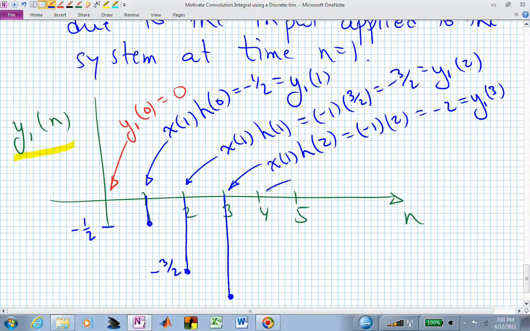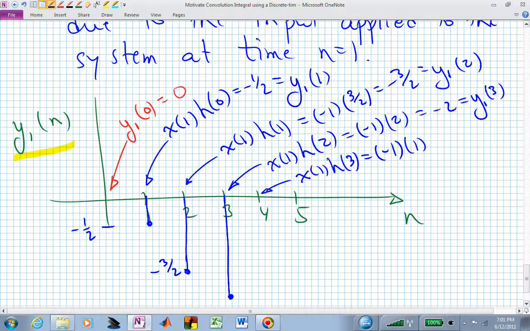Finally, we now have x of 1, the input that we applied at time n equal 1. The response is going to linger for 3 units of time thereafter because that's the length of our pulse response, or we now scale h of 3 by the input at time n equal 1, which is minus 1.